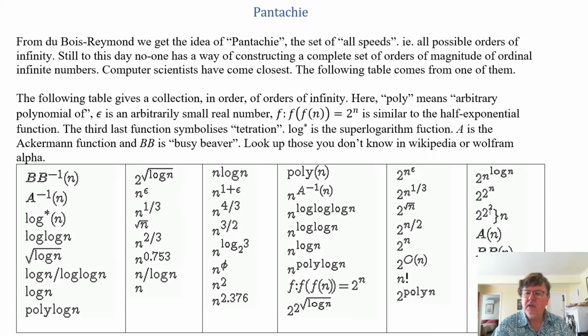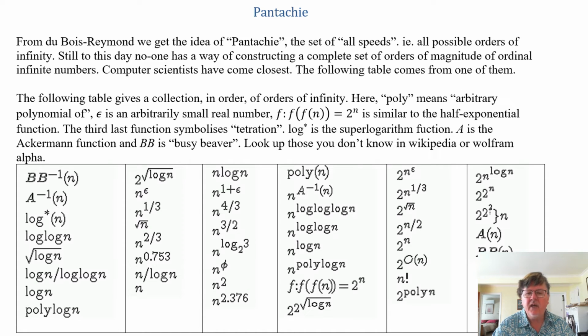So the sequence here is 2, then 2 to the power 2, which is 4, then 2 to the power 2 to the power 2, which is 2 to the 4, which is 16, then 2 to the power 16, which is large, I think it's 64,000, and then the next one is 2 to the power 64,000. So that gets rather large rather quickly.